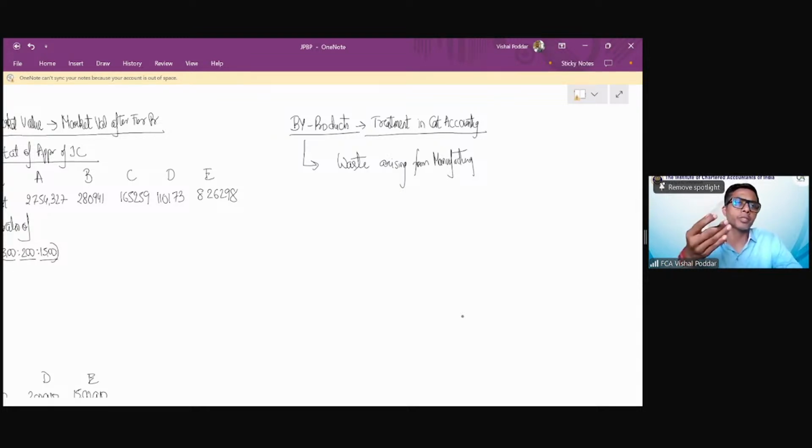Now, when you're doing processing, even in the process costing chapter, if you remember, you got waste called normal loss or abnormal loss. Now, this waste can be saleable in the market, not like a waste, but like a product. So for you, it is a waste, but for the market, this is also a saleable product.